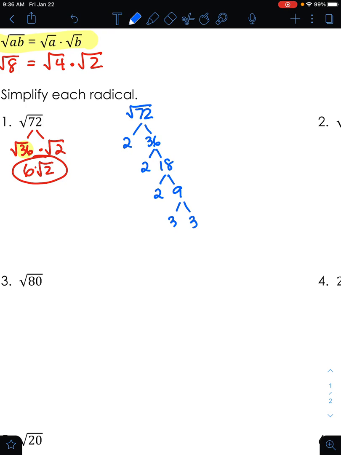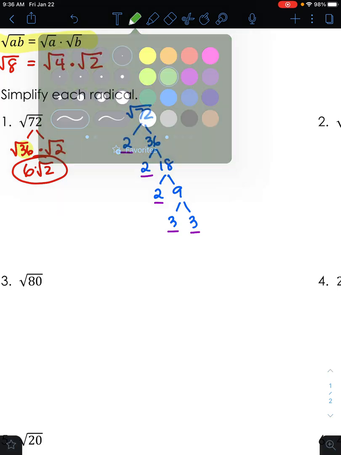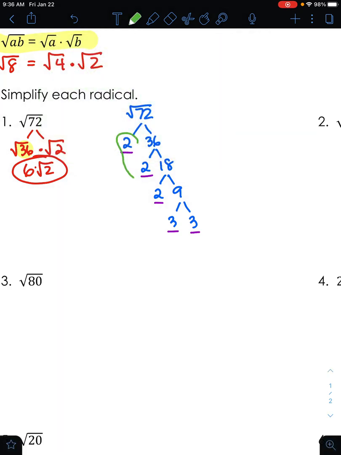Here's what I'm looking at. I'm focusing on the very bottom of each branch: this 2, and these two 3s. What I'm doing is looking for pairs. I see a pair of 2s, I'm going to circle those, and I see a pair of 3s.